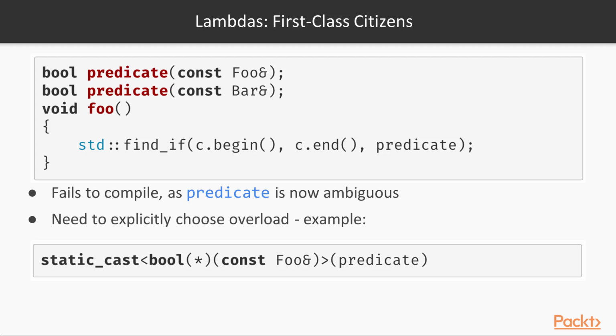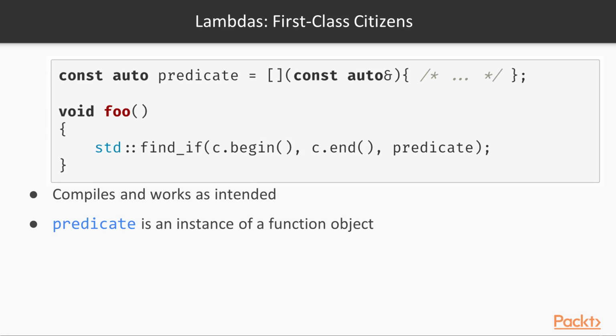Do you want the Foo overload or do you want the Bar overload? And the compiler is not able to deduce this from the invocation of find_if. You will have to explicitly choose the overload. As an example, you can use static_cast to a pointer that returns bool and takes a const Foo& of predicate in order to disambiguate this predicate call.